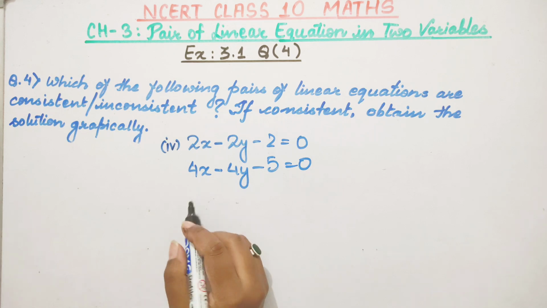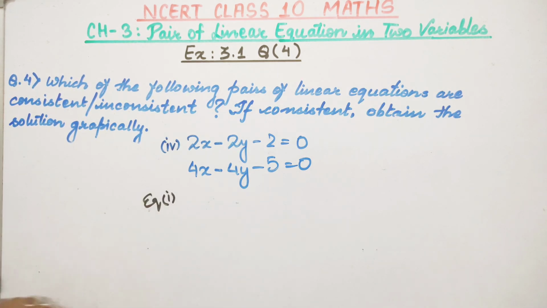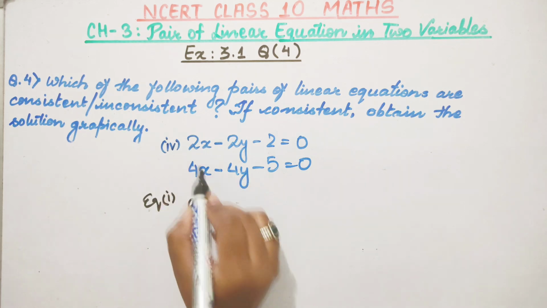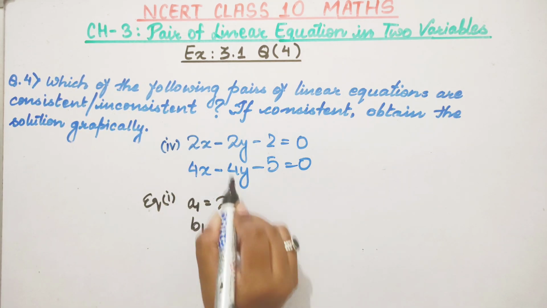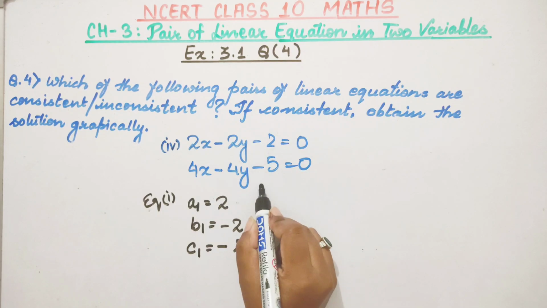So this is the last question. Here from equation 1, we can see a1 is 2, b1 is minus 2, and c1 is also minus 2.